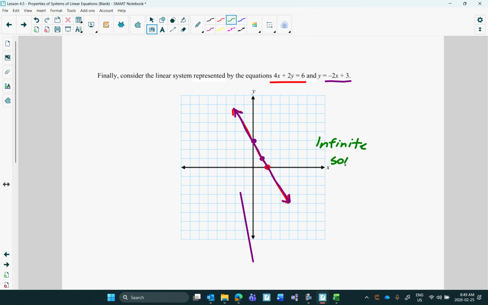So this one would be infinite solutions. So how can we tell without having to graph? Because graphing is pretty time consuming. How can we tell if a system has just one, has none, or has infinite?